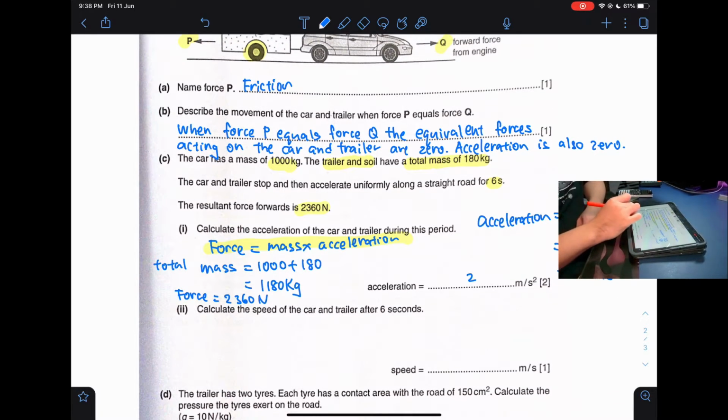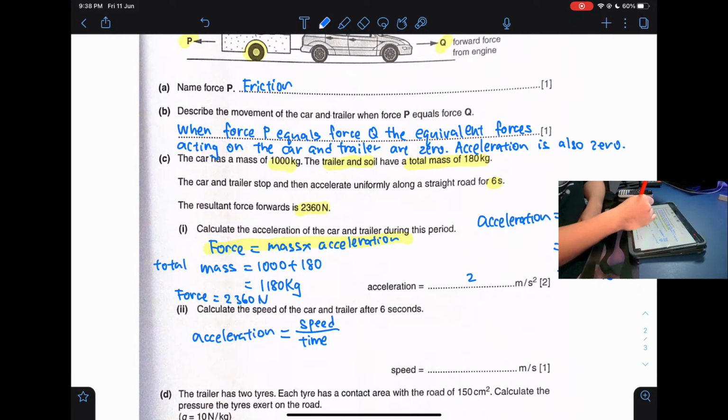For part II, we need to calculate the speed of the car and trailer after 6 seconds. So the acceleration formula can be given as speed over time.